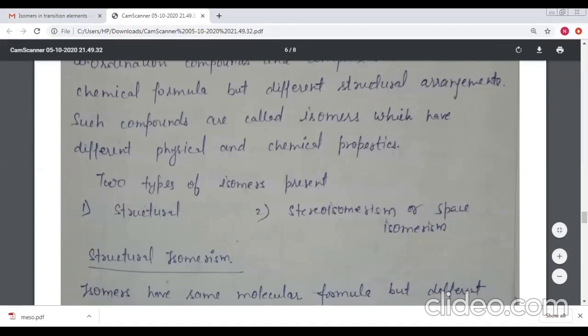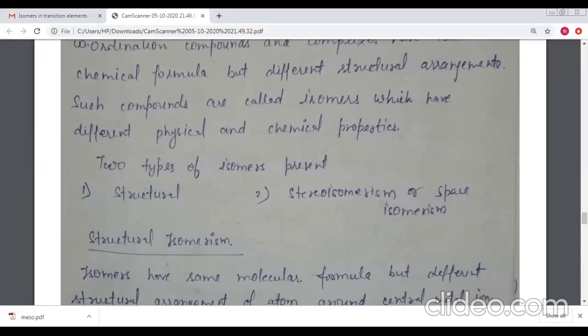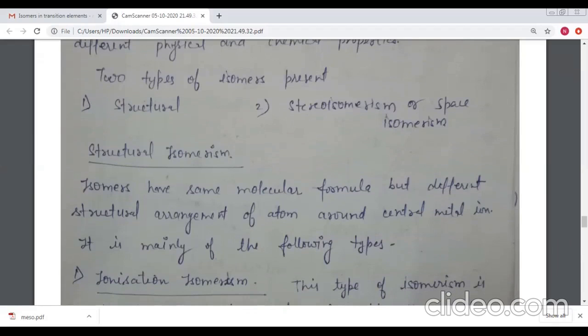There are two types of isomers. First, the structural isomers, and another type called stereoisomers or space isomers. As usual, first we come to the structural isomers. The definition is the same as in previous lectures: the same molecular formula but different structural arrangement of atoms around the central metal atom.